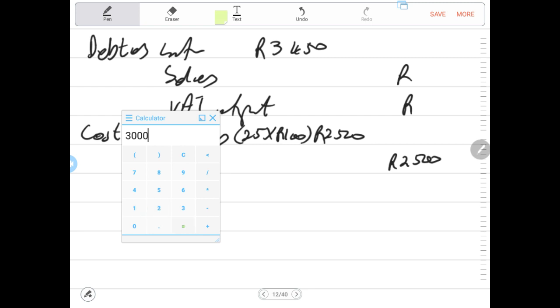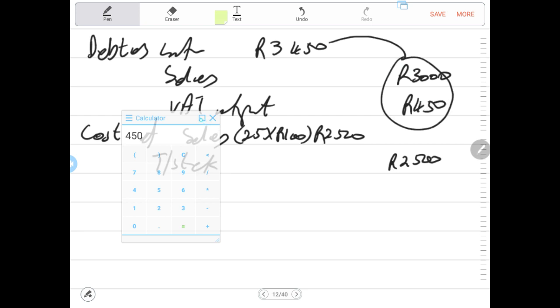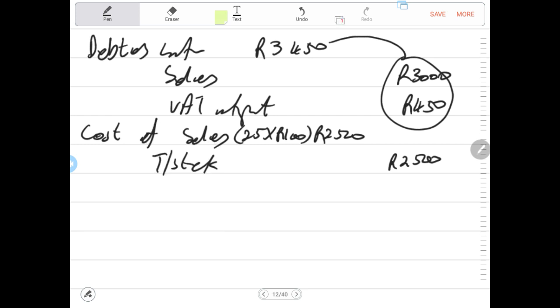Remember, markup is 20% on cost. That means the selling price, or the sales, is 3,000. Then how much is VAT? VAT is 450. That is where the 3,450 that includes VAT comes from. So we can see that everything has a column in here. Remember, the 20% is the markup percentage that was provided to us, which is constant at cost price.